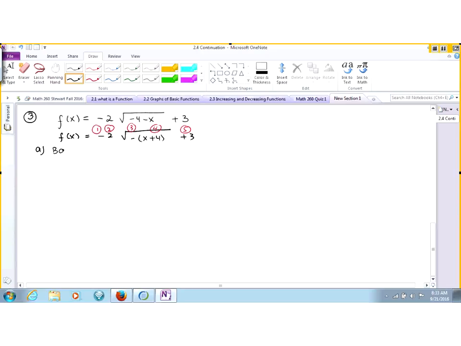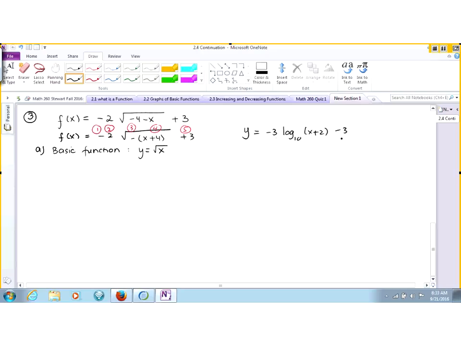So A, basic function. So what is the basic function? Y is equal to square root of x. By the way, this transformation is valid for anything. So later on you learn log. So you can have y is equal to -3 log base 10 of x plus 2 minus 3. So what does this mean? What does this plus 2 mean?